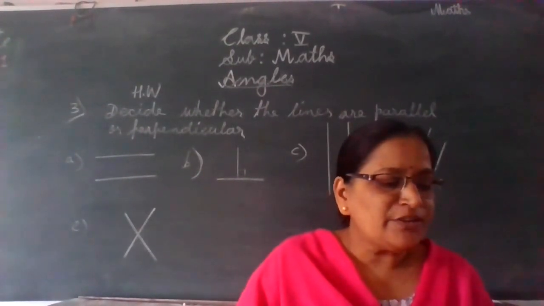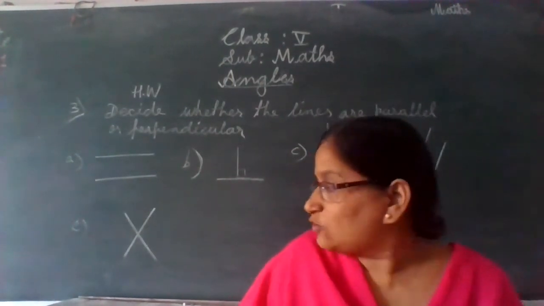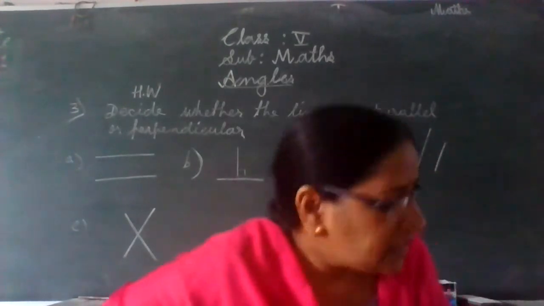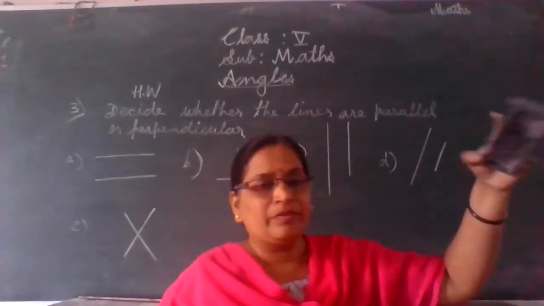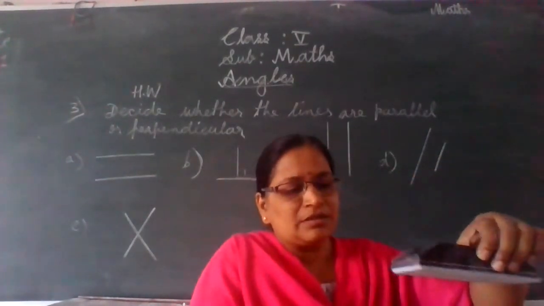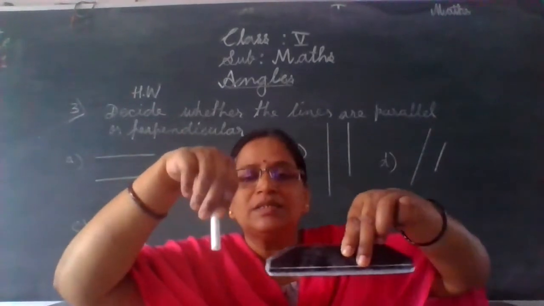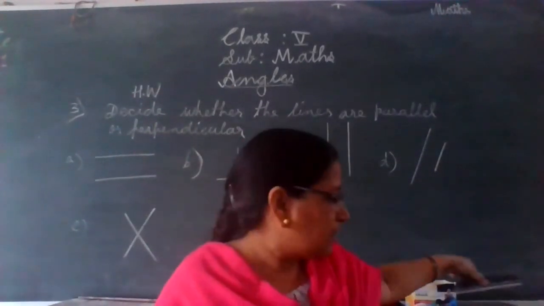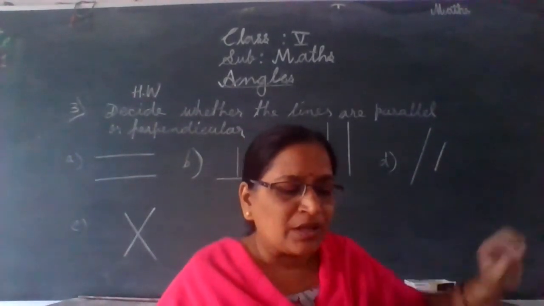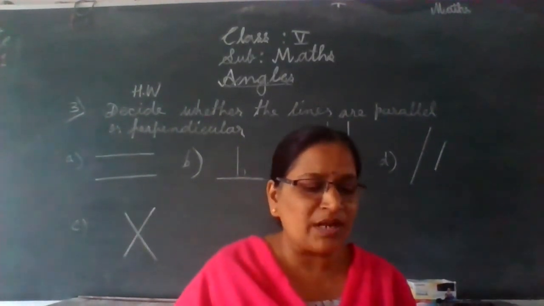In this way, we can use several rectangular objects to draw parallel lines. And also we can use, see here is the duster. If you put it on your copy and draw the lines, you will see the lines are parallel.